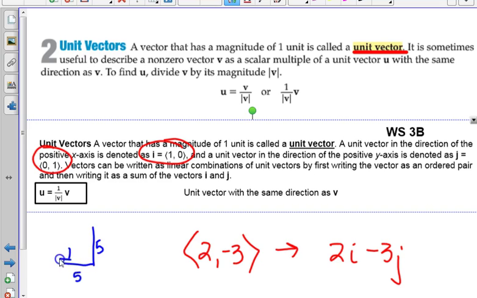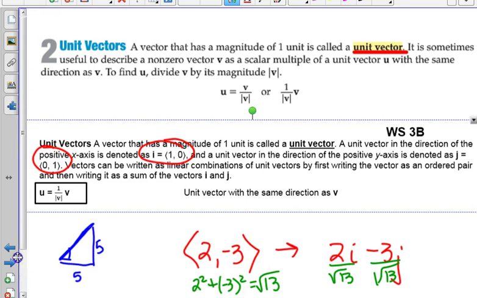But if I wanted this to be the same, okay, then I could find that magnitude and divide it into both of those. So for my example over here, you do Pythagorean theorem, 2 squared plus -3 squared would be 4, and 9 would be 13, yes? And then you'd square root that, and then you would divide each of these by square root of 13 to make it a unit vector.